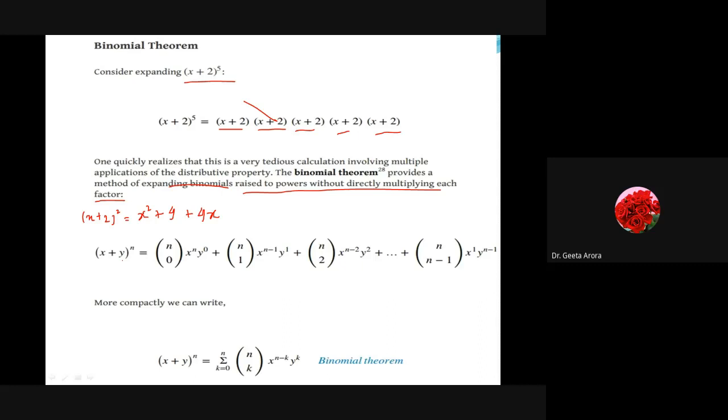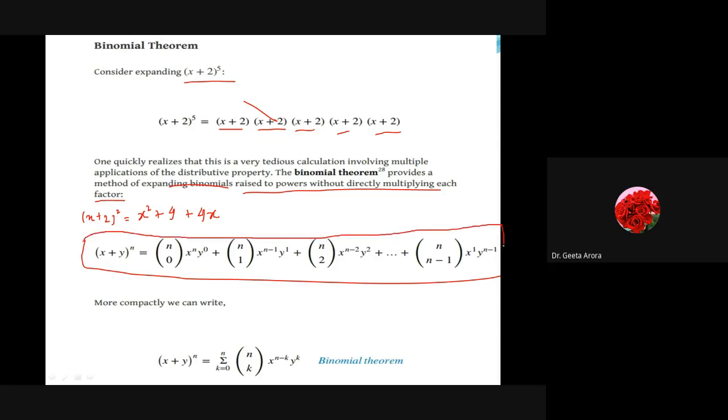Correct? So here I have written the general expansion: (x plus y) raised to power n can be written as, the first one is nC0. This is how we have to read it. It is nC0 x raised to power n into y raised to power 0, plus the second term is nC1 x raised to power n minus 1.